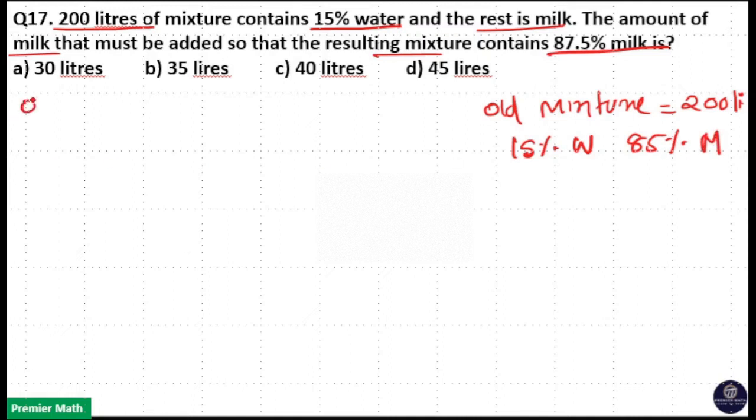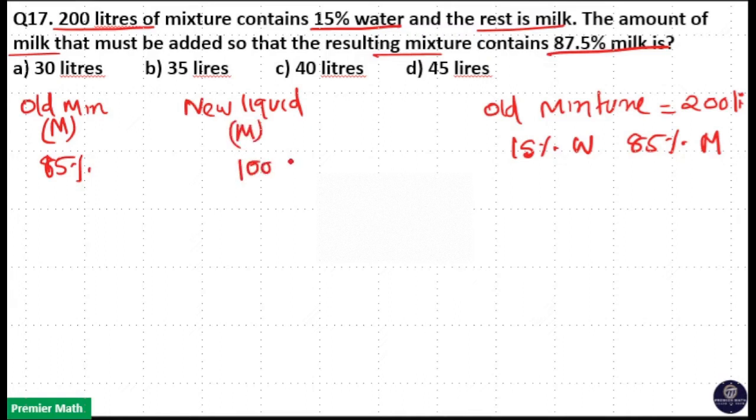So here, the old mixture's milk quantity is equal to 85%, and the new liquid you are adding is pure milk. So the milk quantity will be 100% because you are adding milk to the milk solution.